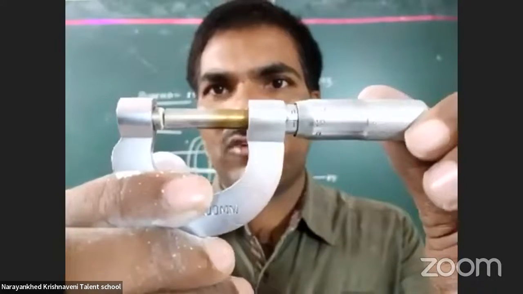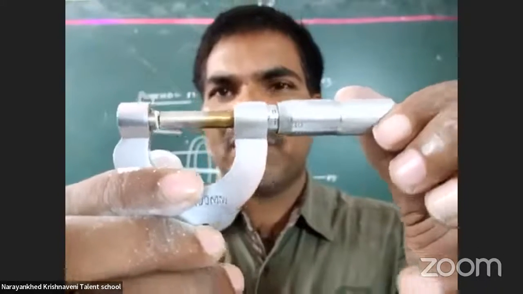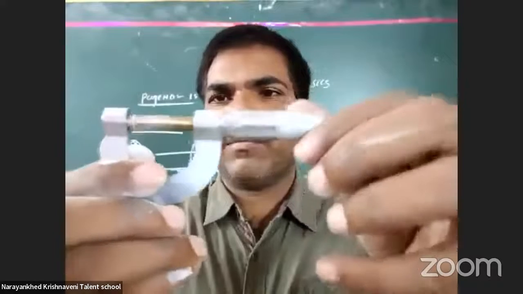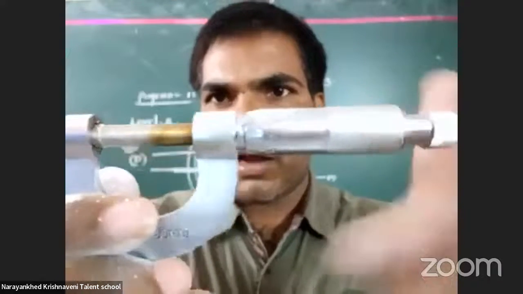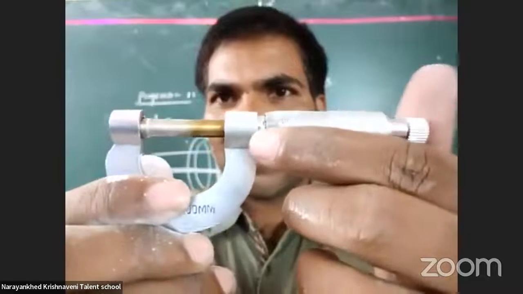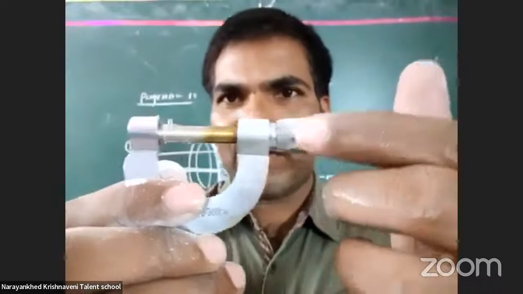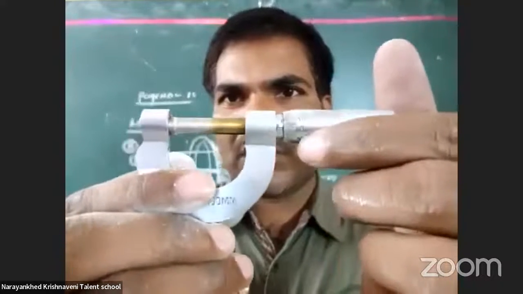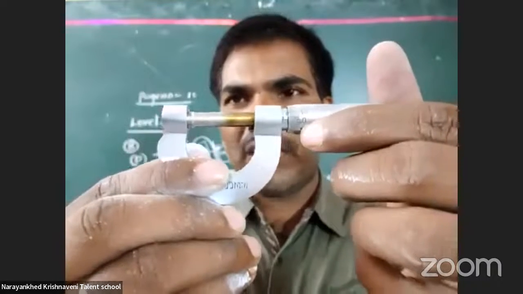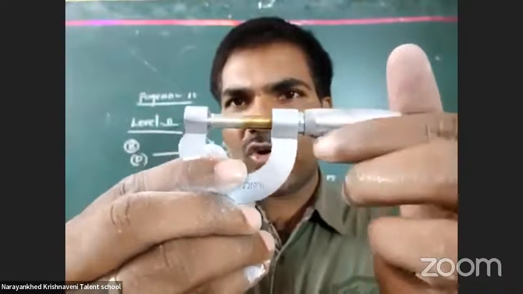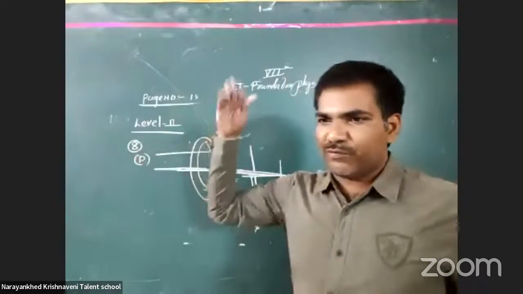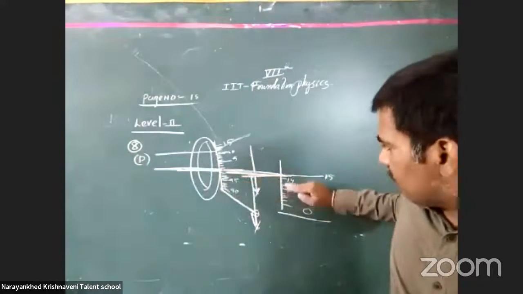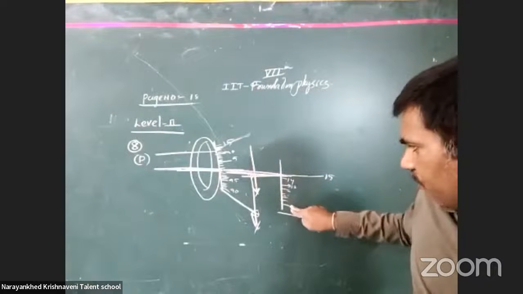Above the zero, what values are there? 10, 15. When I touch it here, the zero is not along this line, along our scale axis line. It is below the zero. Check it, it is below the zero. That's why it is positive zero error. When it goes below the zero, what values do we get? 1, 2, 3, 4, 5, like that. When it is zero, it is below the axis line.